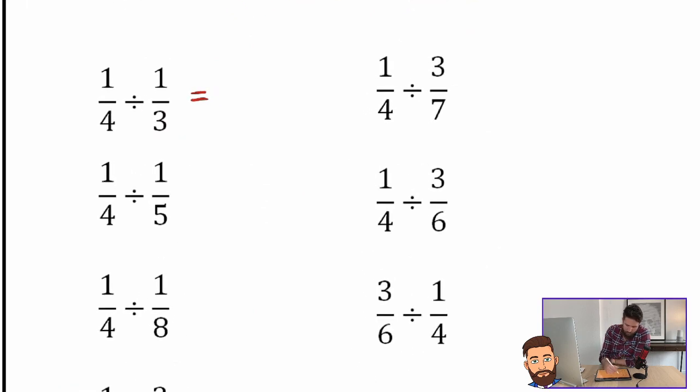So if I do the first one, keep, change, flip, and then times across, 3/4, that's your answer.